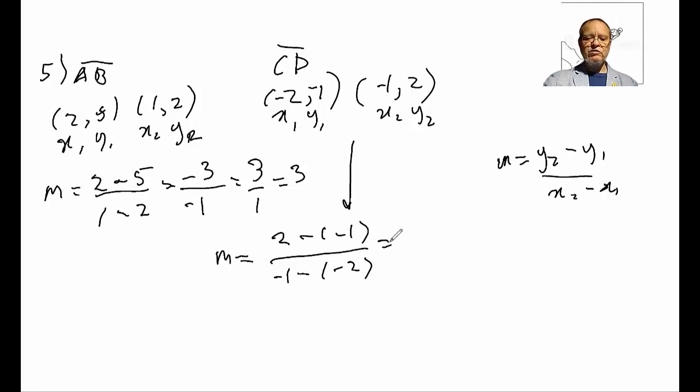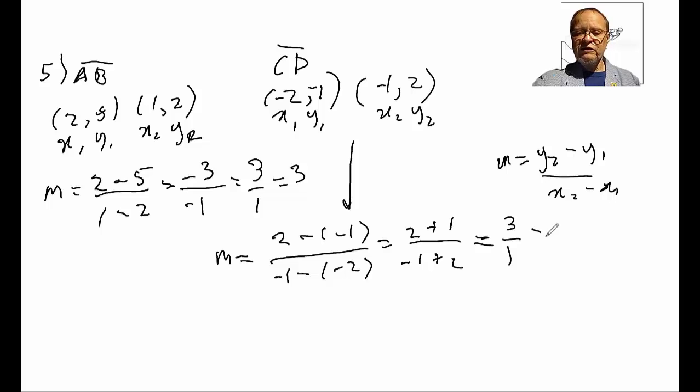So that's going to be equal to 2 minus 1, and then the bottom one is going to be -1 minus -2, which is plus 2. So that's going to give us 3 over 1, which is the same thing as 3.